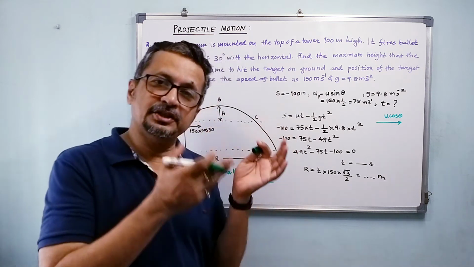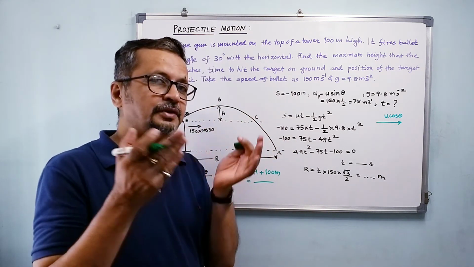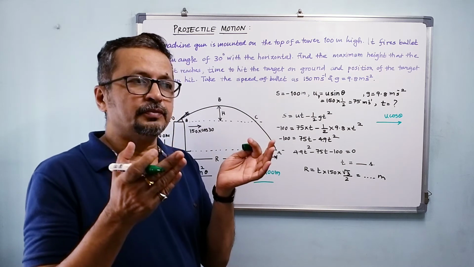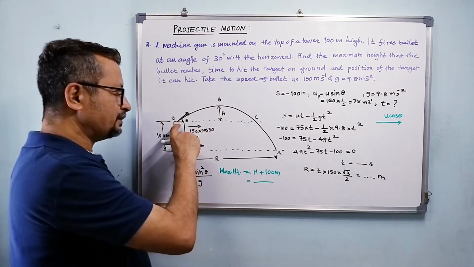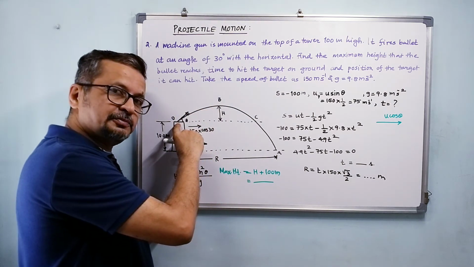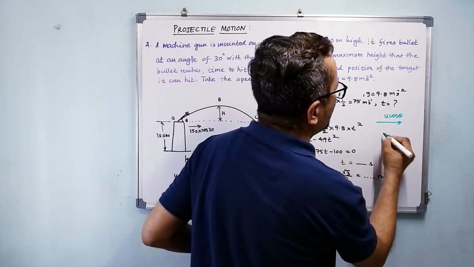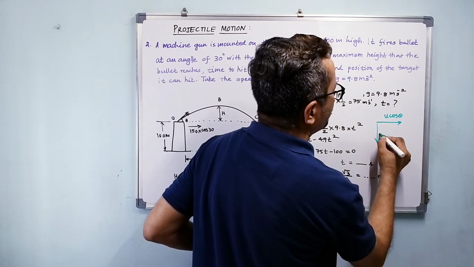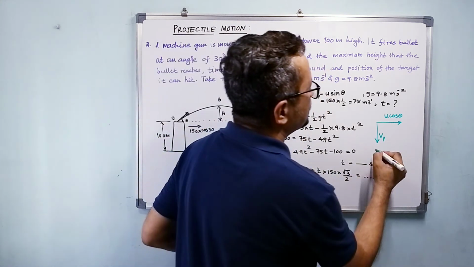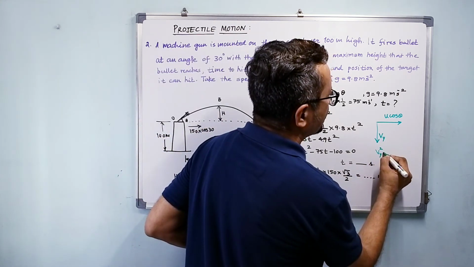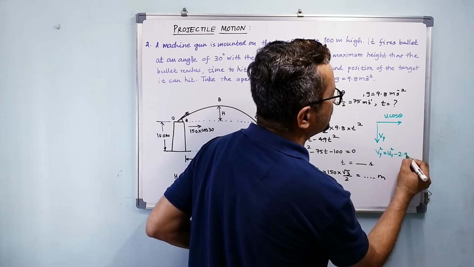You have your initial vertical velocity, right? Initial vertical velocity you have, and acceleration due to gravity you have. You know that my vertical displacement here is going to be 100 meter, correct? So you use now for this, let us call this Vy. Okay, let's call this Vy, and Vy square is equal to Uy square minus 2 into G into h.